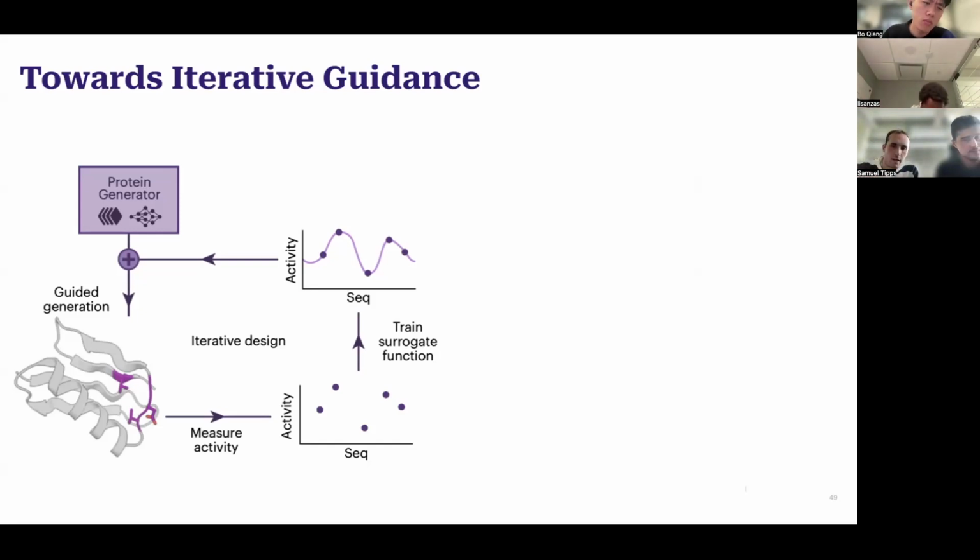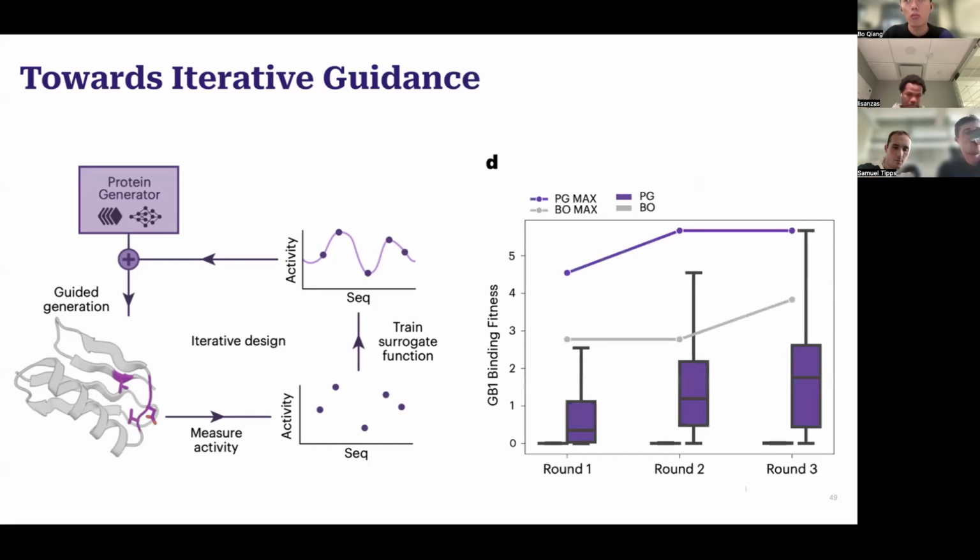Using a pipeline like that, what we did was we took this GB1 binding fitness data set, where there are 4 positions which these people explored all possible combinations of these 4 amino acids. We tasked the model, masking these residues here in purple, with generating what residues it thought would fit in these positions, conditioned on the target as well.